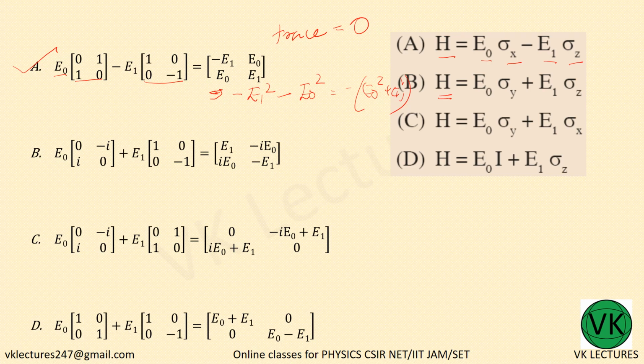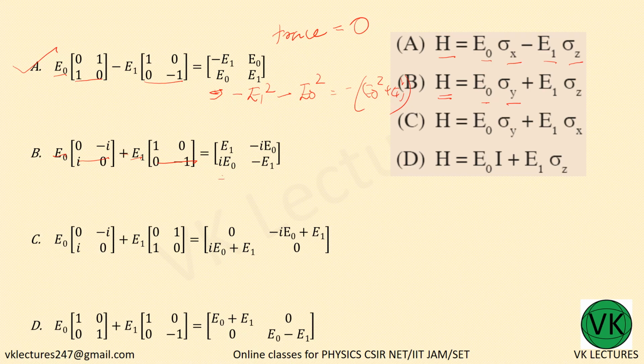Now check option B. H equal to E naught times sigma y plus E1 times sigma z, which will give you E1, minus I E naught, plus I E naught, minus E1.